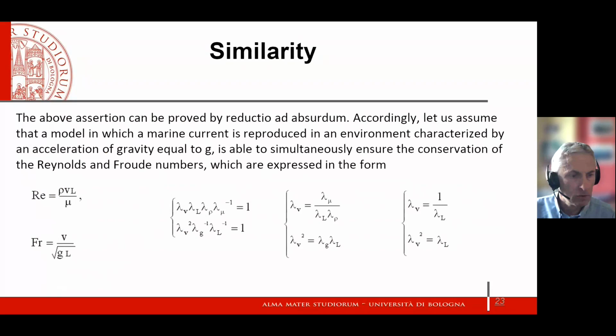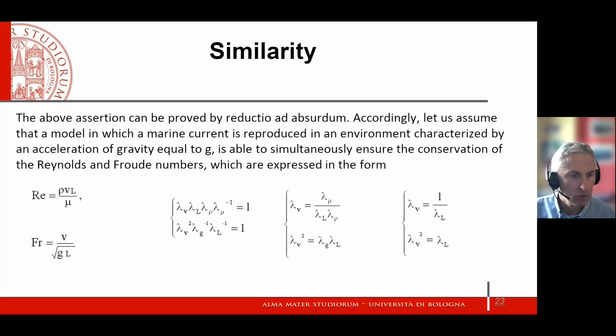From the first one, lambda v is equal to lambda mu divided by lambda L and lambda rho. From the second relationship, the Froude number, lambda v squared is equal to lambda g lambda L. Let's then move to the fourth column.